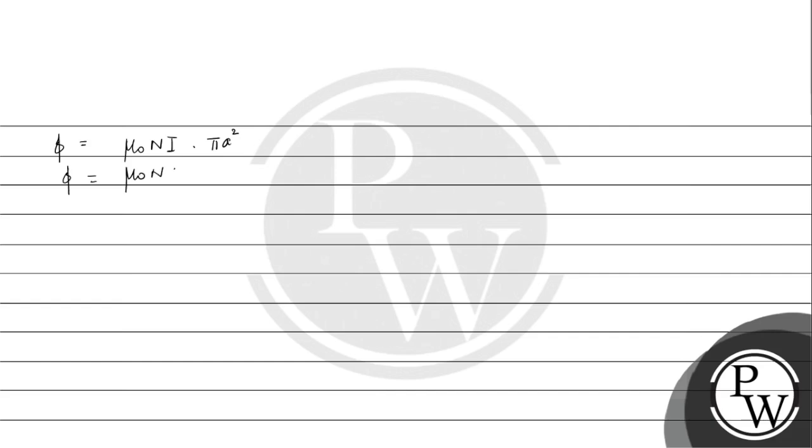So this is I naught sine omega t into pi A squared.